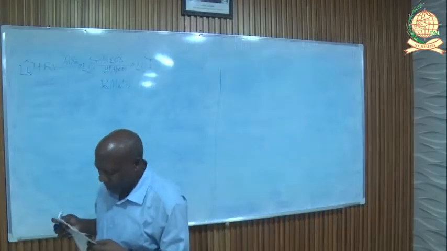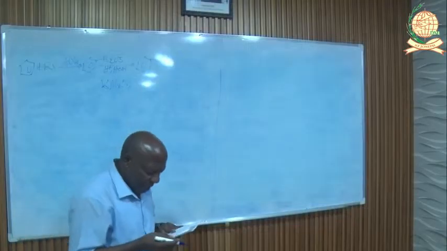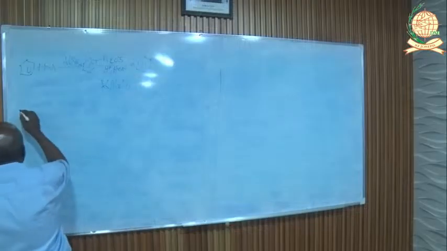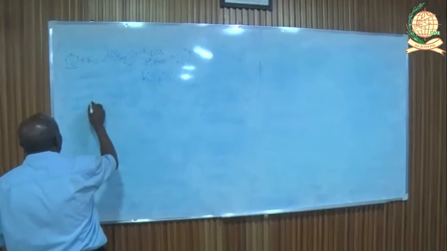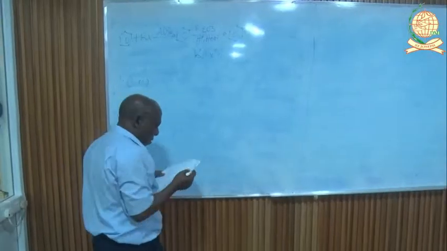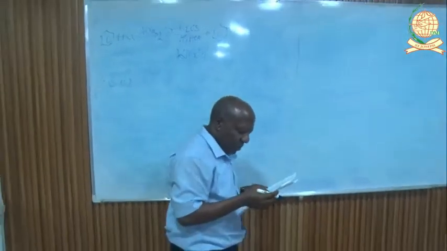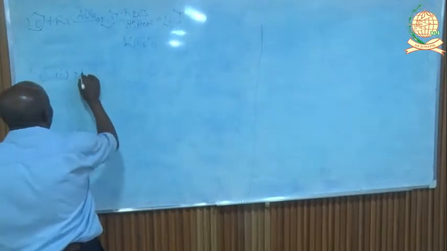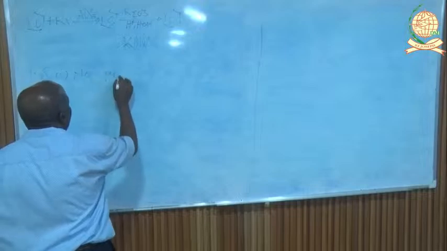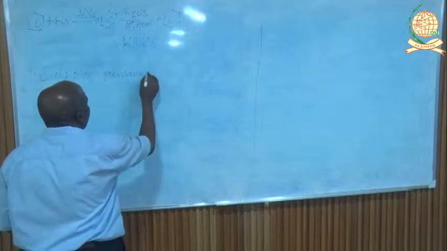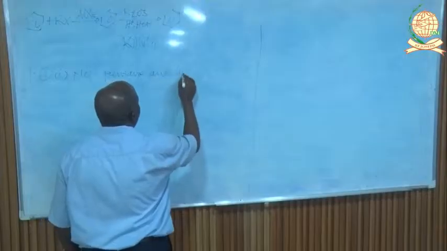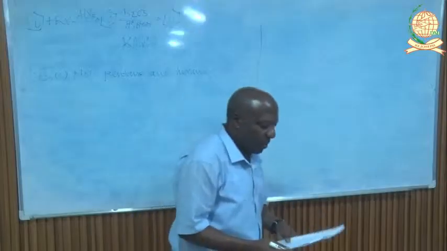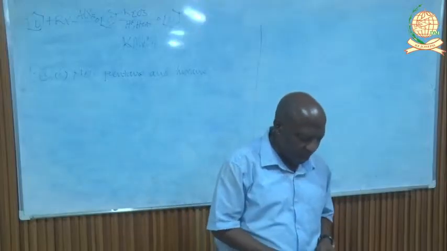Would you expect a mixture of pentane and hexane to show deviation from Raoult's law? The answer is no, because pentane and hexane do not show deviation from Raoult's law.